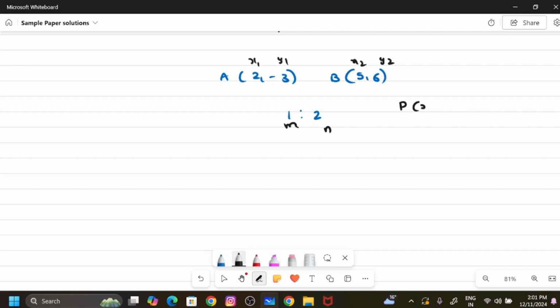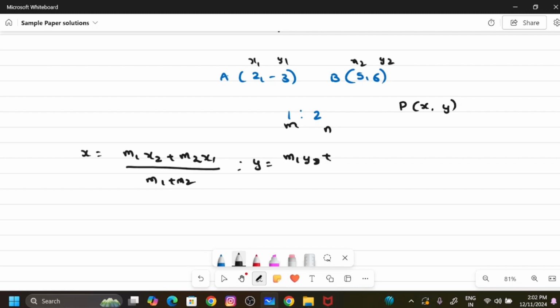We need the coordinates of P, which is dividing in the ratio m:n. So we know that x coordinate is m1 x2 plus m2 x1 by m1 plus m2, and similarly y coordinate is m1 y2 plus m2 y1 by m1 plus m2. Substitute the values m1 m2, or m and n, however you take m1 m2. Accordingly you can write your formula.